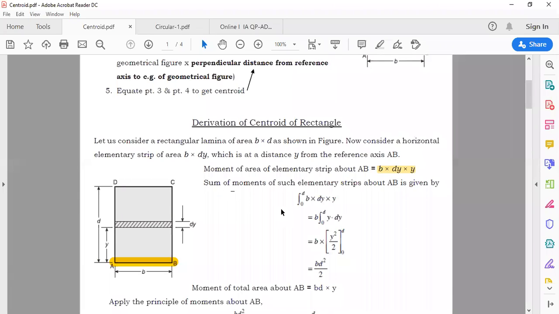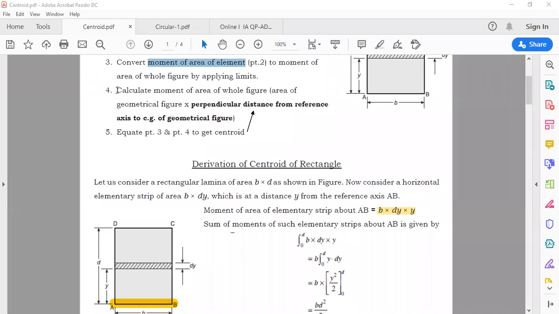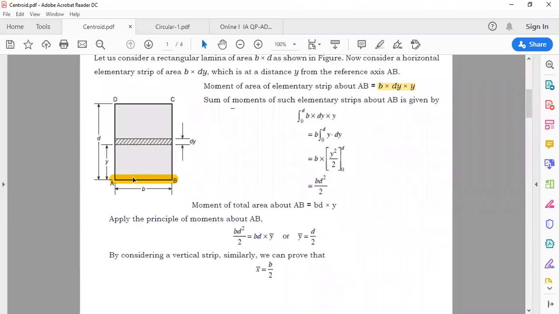Now next what I will do, I'll go to the fourth one. Calculate the moment of area of the whole figure. How do I get that? It is the area of the geometrical figure total into the perpendicular distance from the reference axis. So the total area of the rectangle, moment of total area about AB, total area is B into D. I do not know the perpendicular distance.